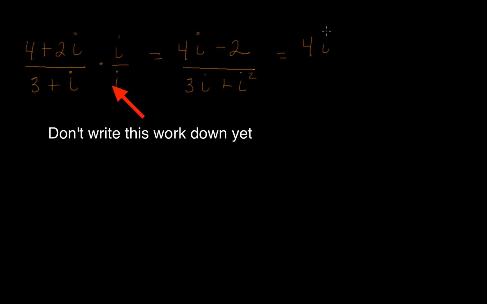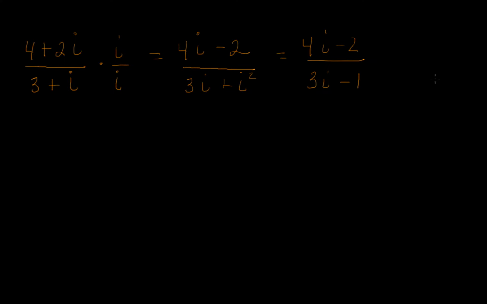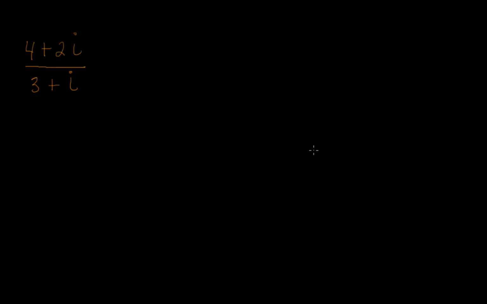So it would give us 4I minus 2 divided by 3I minus 1. We still have an I in the denominator, and you can't simplify binomials like that. So this doesn't work. Multiplying by I divided by I does not work for this.